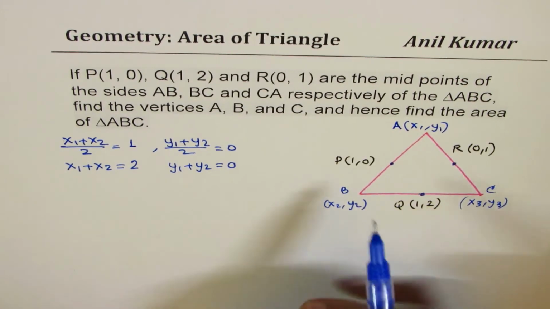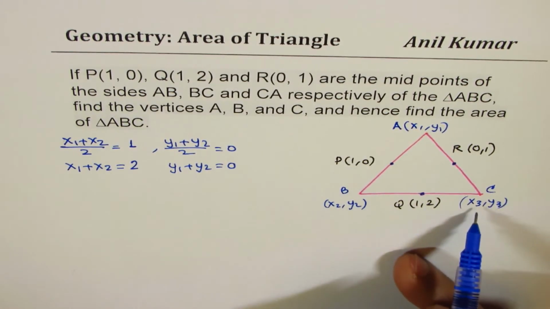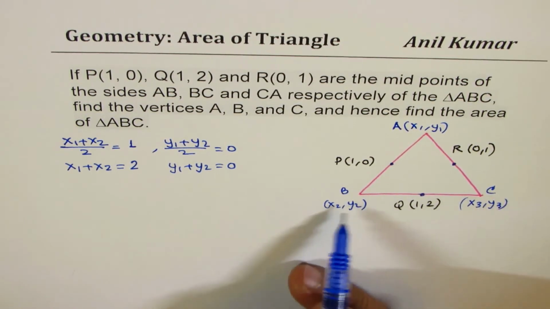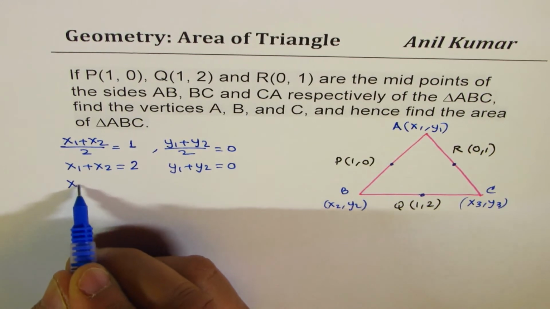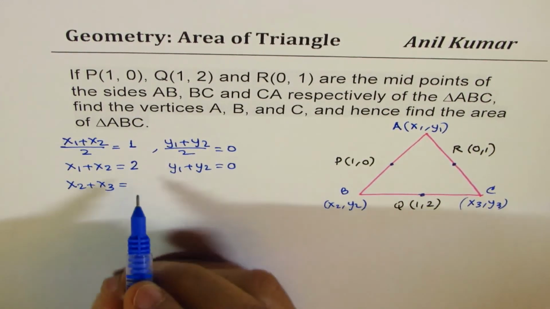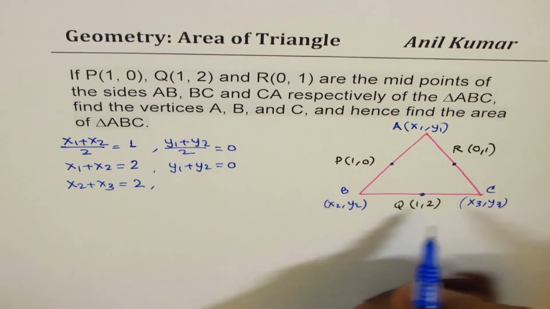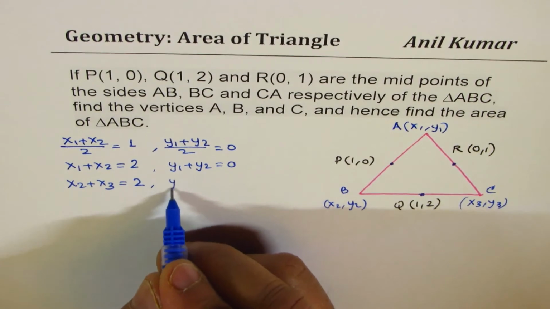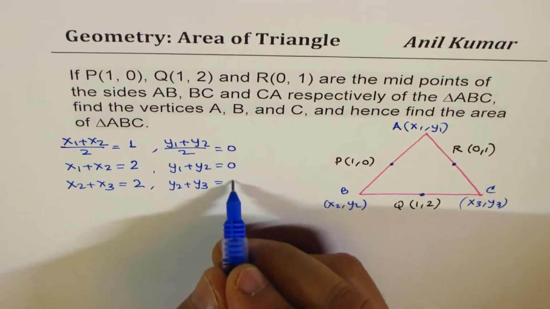Is that okay? So basically these coordinate points are twice the sum of these two. So for BC, I could write my equation x2 plus x3 is equal to twice 1, so it is 2, correct? And I could write y2 plus y3 is equal to twice 2, which is 4, right?